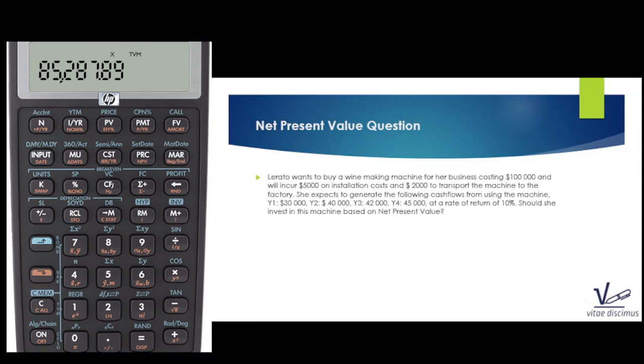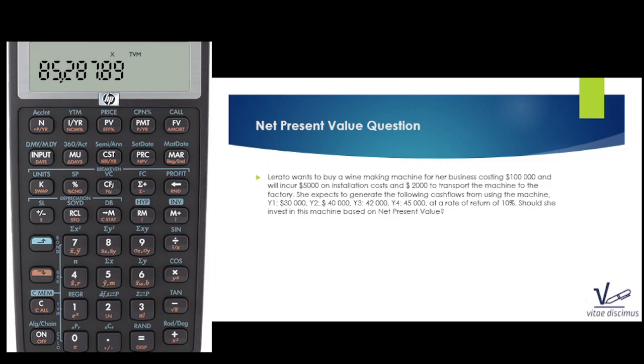She expects to generate the following cash flows from using the machine: year one, 30,000; year two, 40,000; year three, 42,000; year four, 45,000, at a rate of return of 10%. Should she invest in this machine based on net present value? Right.